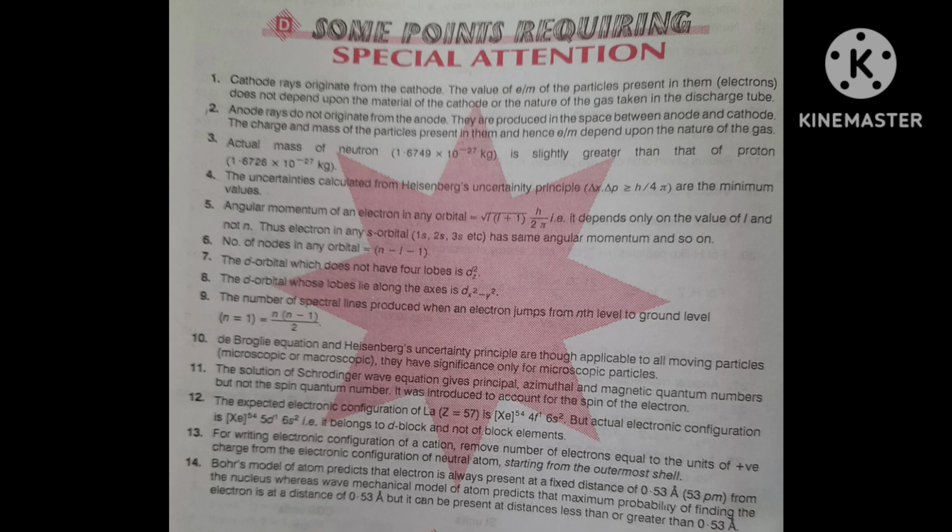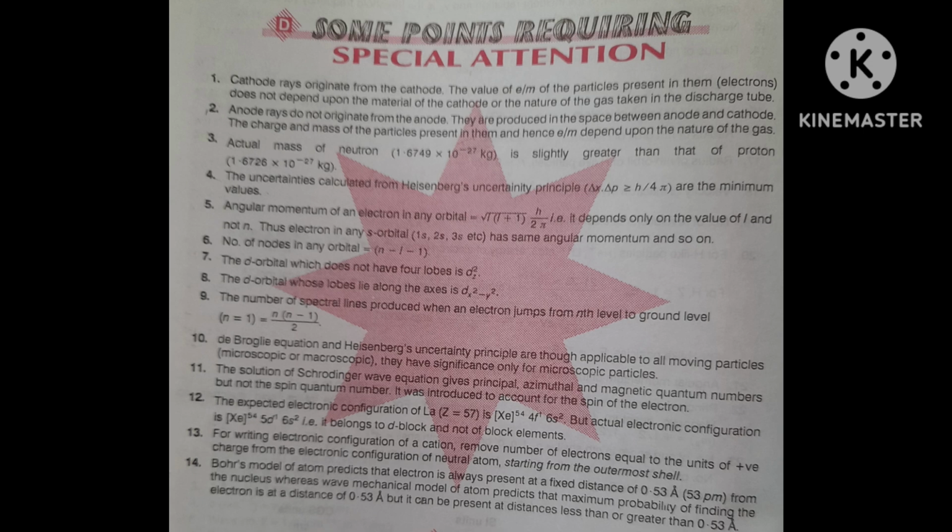Thus, an electron in any s orbital, that is 1s, 2s, 3s, etc., has the same angular momentum, because it depends only on l value, not on n, the orbit number.